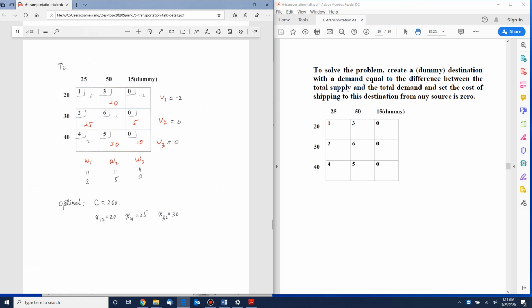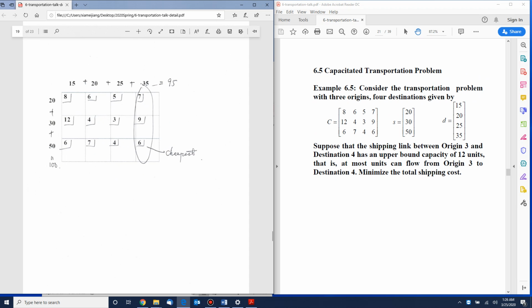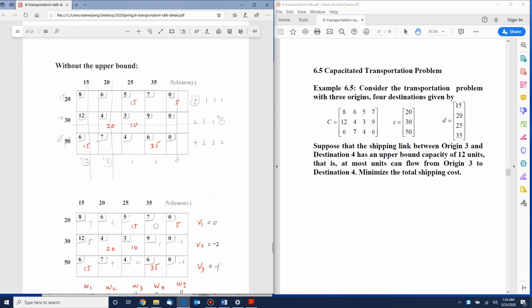But if the total supply is less than the total demand, then we produce a dummy source with the value of the difference between the demand and the supply.